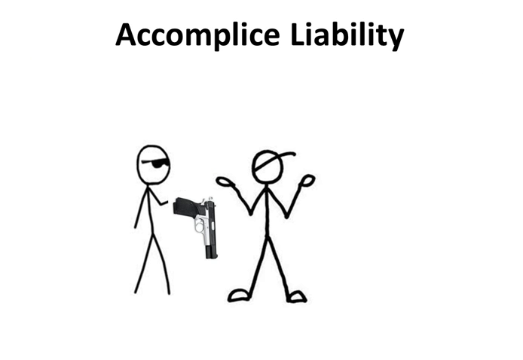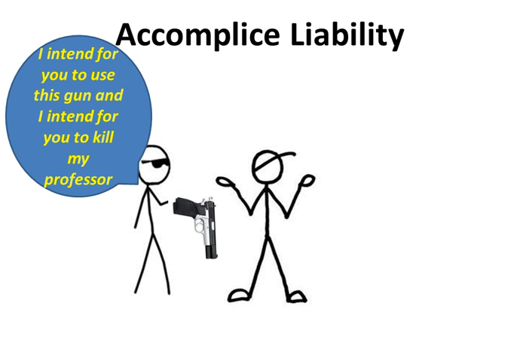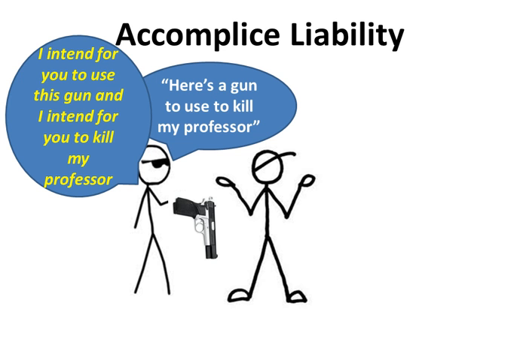So here we have an accomplice and a potential defendant. The accomplice has the intent to aid and the intent to commit the crime, and he says, "Here's a gun to use to kill my professor."